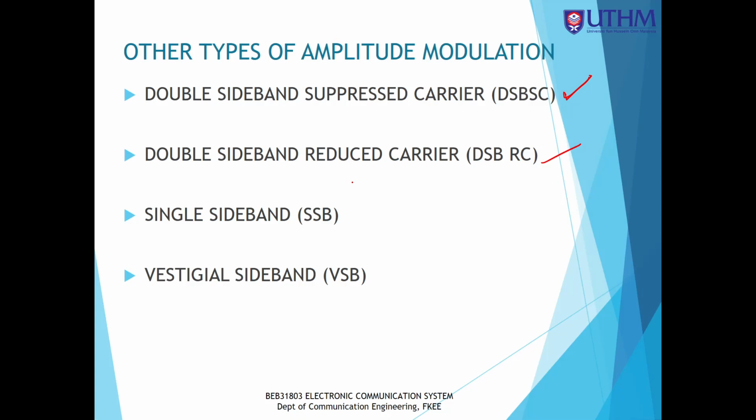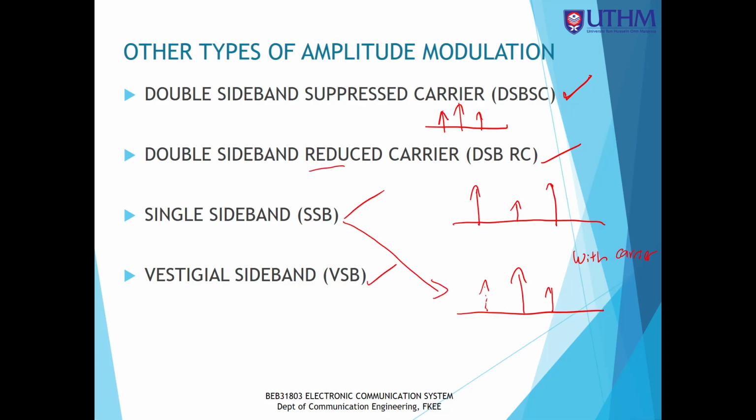Sorry about that, I erase this one. So this is single sideband with carrier. So that means carrier plus lower sideband or upper sideband, salah satu. And we also have without carrier. Without carrier, that means no carrier component. And we have either upper sideband or lower sideband. Hanya ada satu saja.